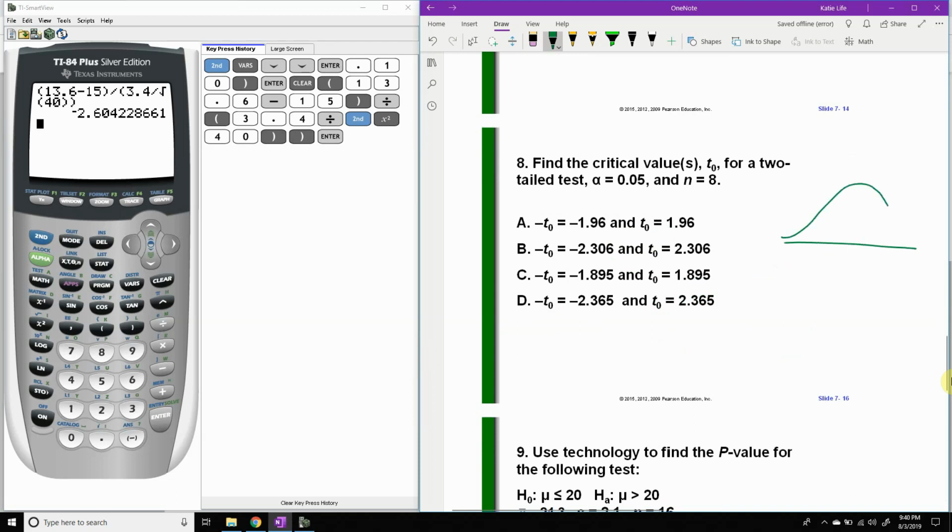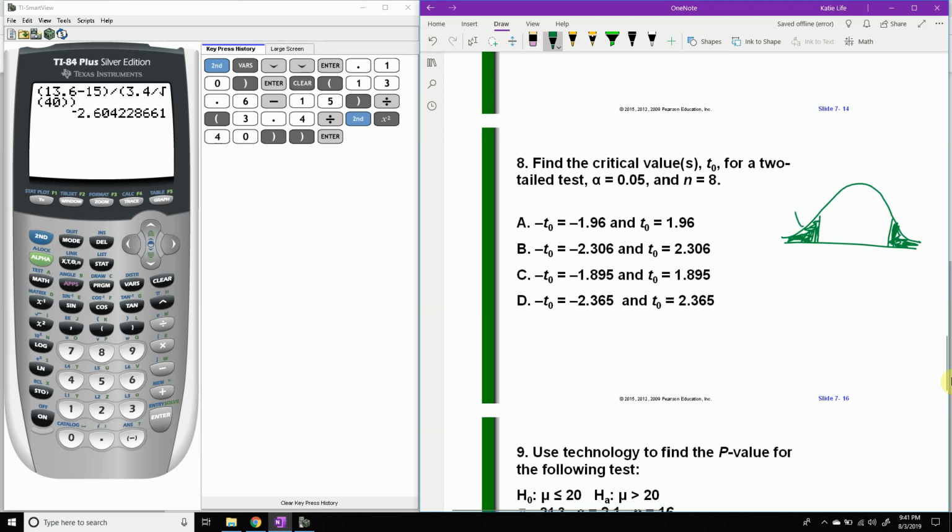Two-tailed test, so I know I'm trapping area above and below in a T distribution. Okay, a two-tailed test where our level of significance is 0.05. Whenever you have a two-tailed test, the level of significance for the rejection region gets separated or divided in half.